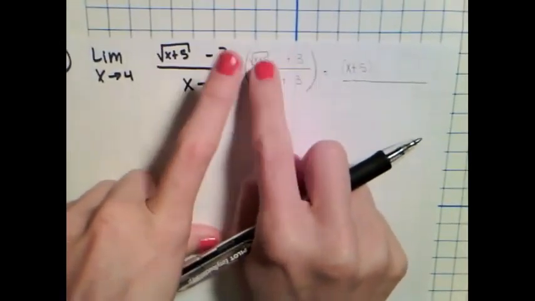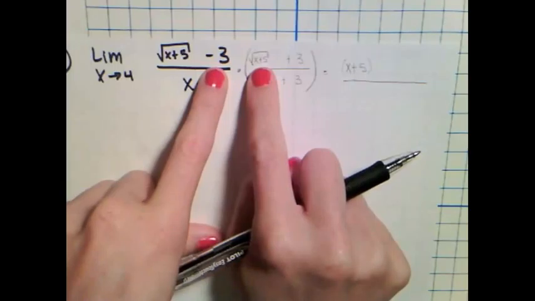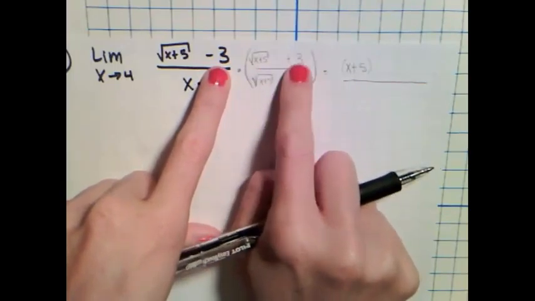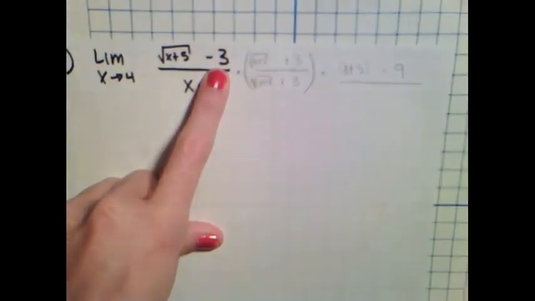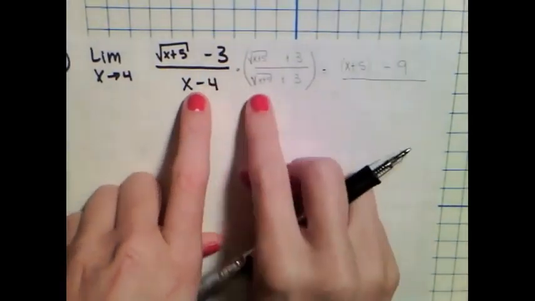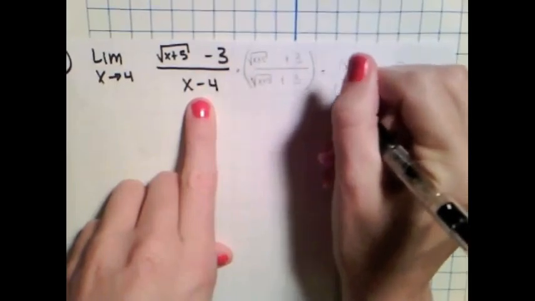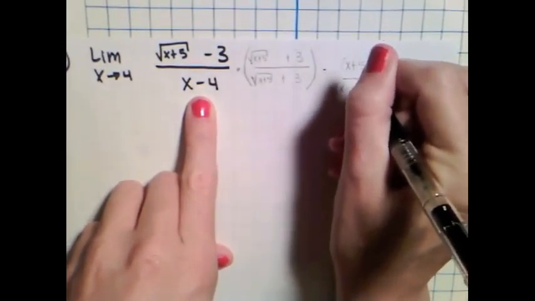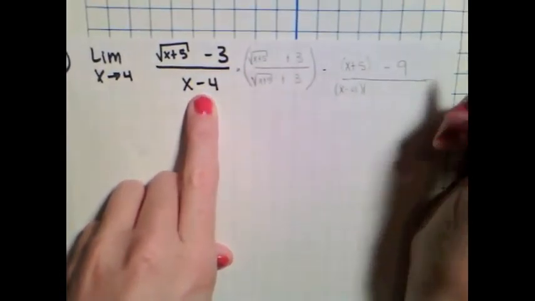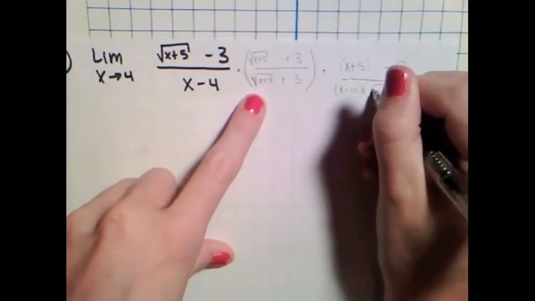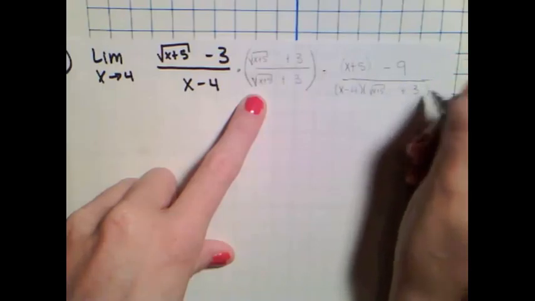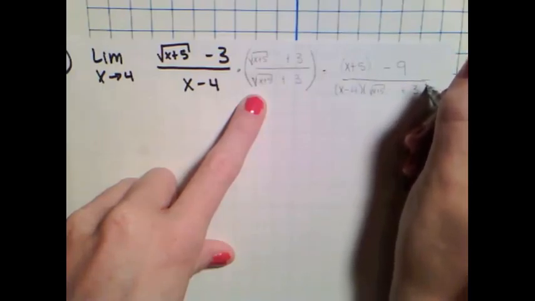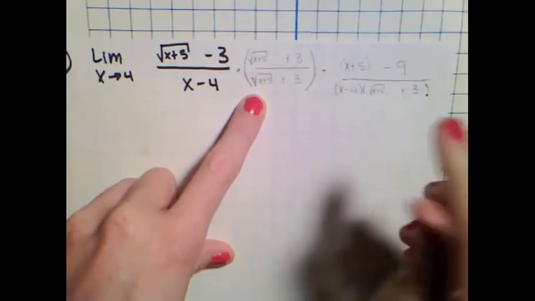Our outside and inside terms cancel because they're opposites, and we're left with negative 9. And our denominator, let's just leave in the factored form, x minus 4 times the conjugate. The factored form is always easier to work with, so we always try to leave it in the factored form if we can.